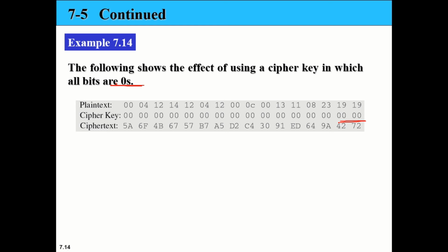Then in the second round, we will be seeing a pattern in the key, wherein the first and third word and second and fourth word will be similar, but after the second round this pattern disappears, right? So at the end we get this cipher text. So instead of having all the bits as 0 in the cipher text as well, we are having this cipher text, right? So this is a very good thing about AES.